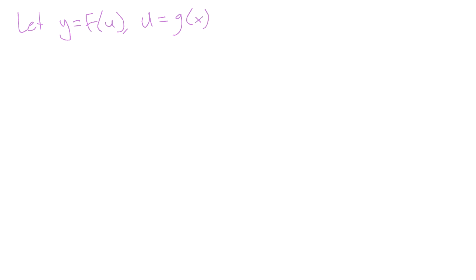I misspoke. And then x is going to be a function of t. If we plug this in, we are going to be left with y equals f of g of h of t.